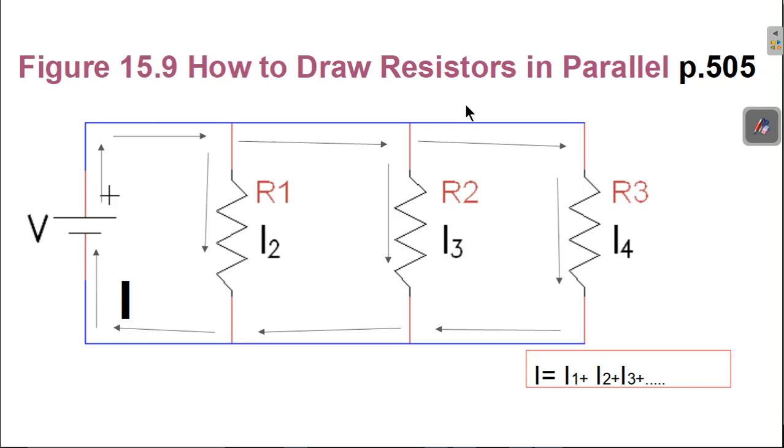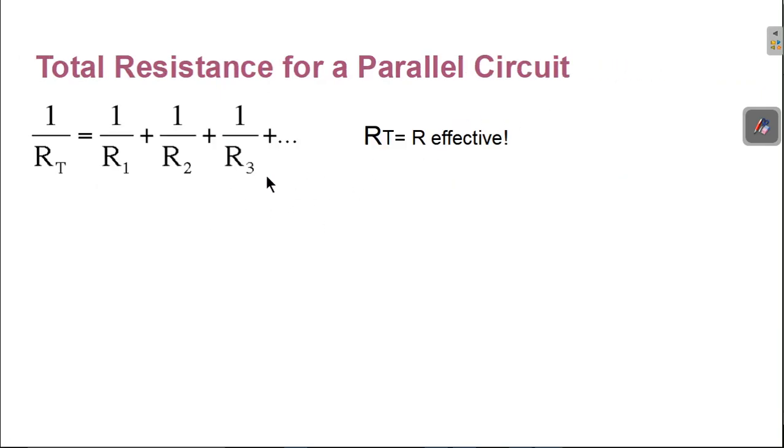But what you need to know is how to calculate the effective resistance when you have a parallel circuit. In the previous one, you just add them up. But when you have a parallel circuit, you find the effective resistance, which is the total resistance, this way. 1 divided by the total resistance or effective resistance is 1 divided by the resistance 1, plus resistance 2, plus resistance 3.